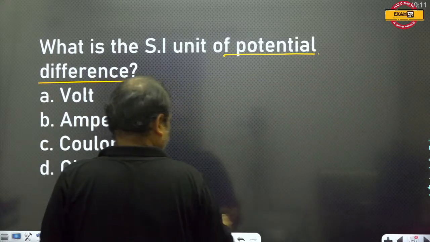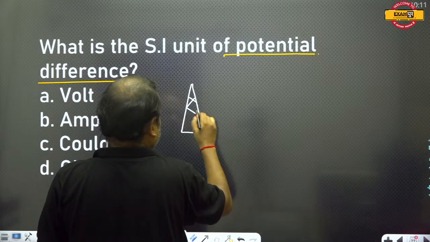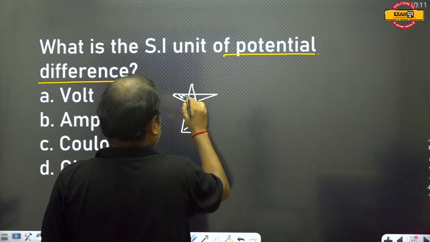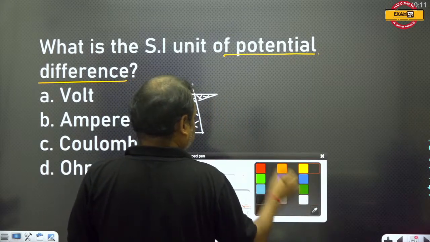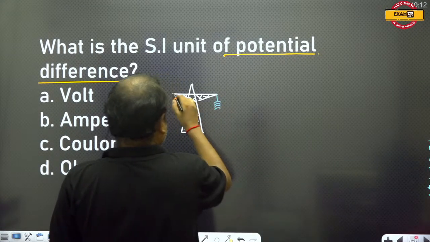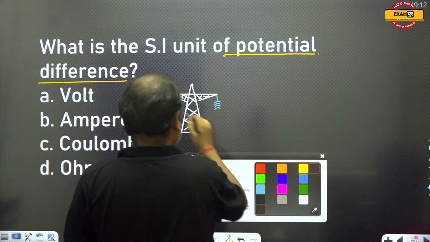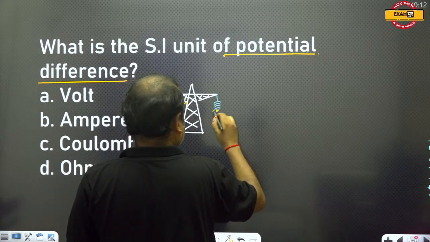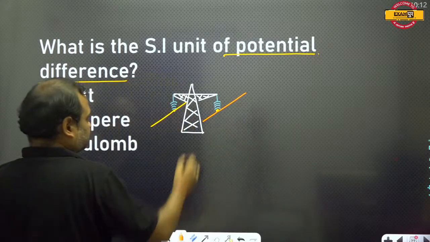So these are the electric poles, and these are the conductors.